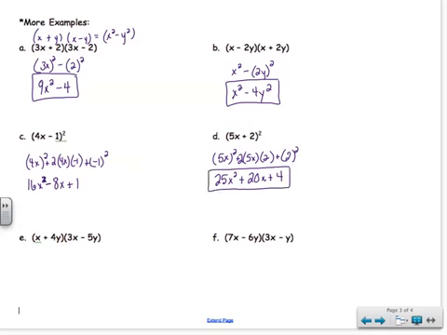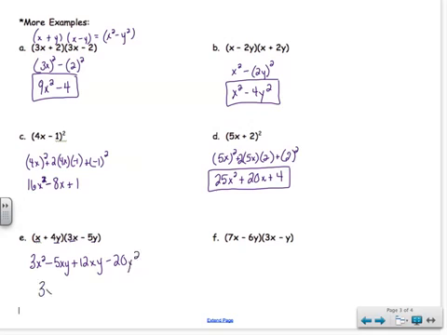Now if we look at letter E, it's not the sum and difference because the terms in here aren't the same. And it's also not the square of a binomial, so we're just going to FOIL here. So we get 3x squared minus 5xy plus 12xy minus 20y squared.